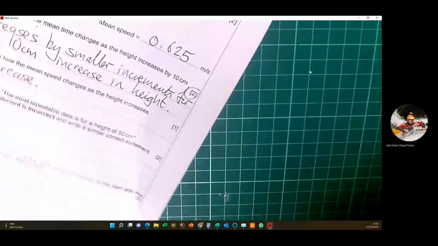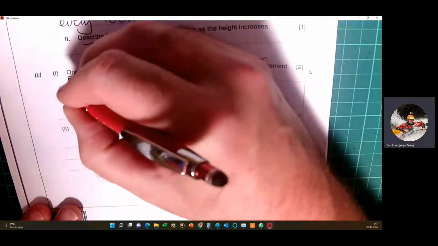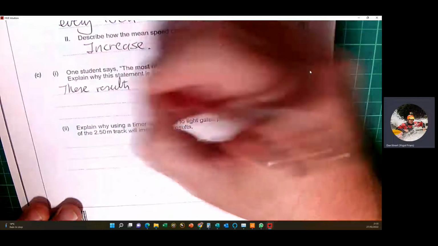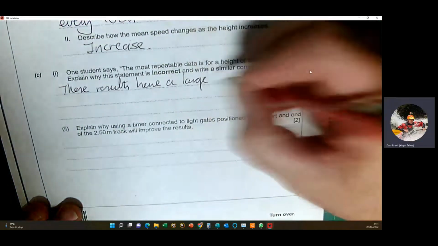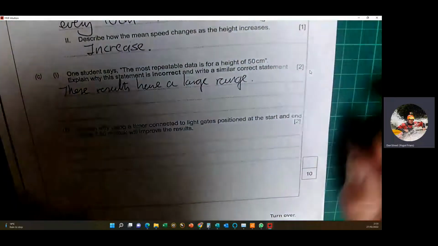Okay, so we could say that these results have a large range. Okay, so the range between the results is quite large.